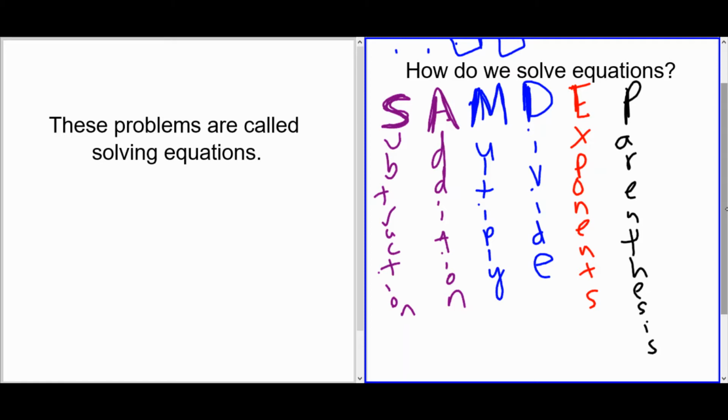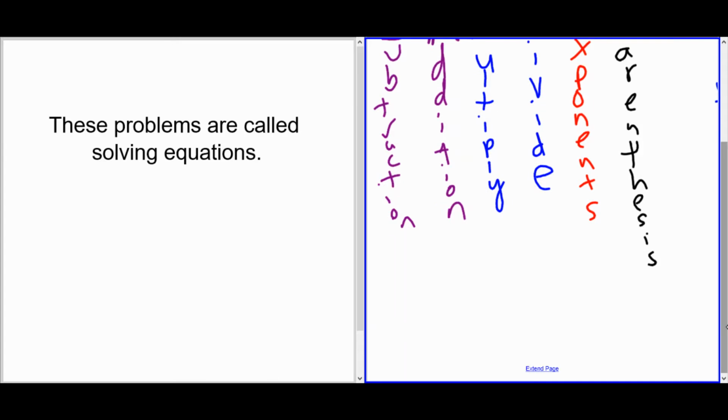And I like to think of it as the acronym SAD MEP. So if we just swap those two around, we would see that acronym. Next to my problems, you'll probably see me write this. SA for subtract and add. DM, because those two go together, division and multiply, then EP.